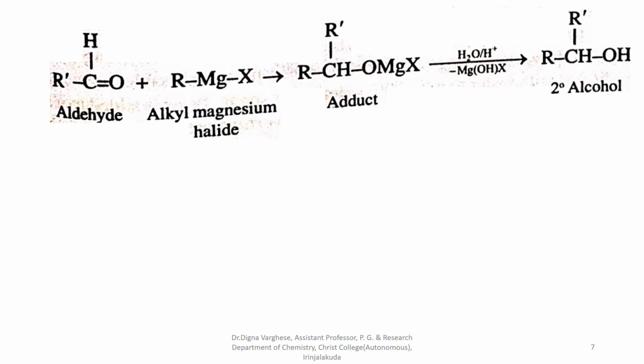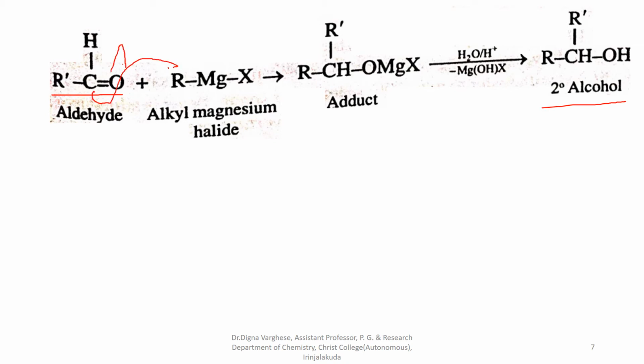With formaldehyde, you can see the alcohol forms as primary. Other than formaldehyde, here forms a secondary alcohol. The same reaction, nucleophilic addition: the negative part is attached to the carbonyl carbon.